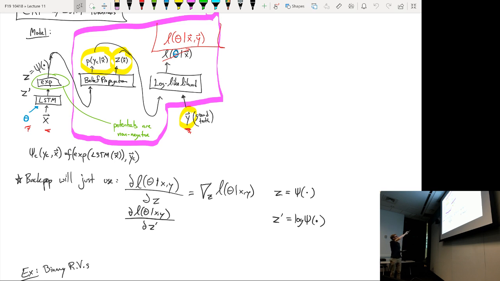Before, I was thinking in terms of identity, just so that I could talk about Z and also the potential functions, but this makes more sense. So now the potential functions actually live outside here. These are the potential functions, and they are the input to our loss.